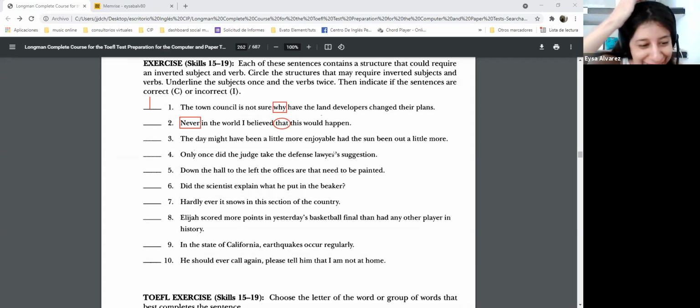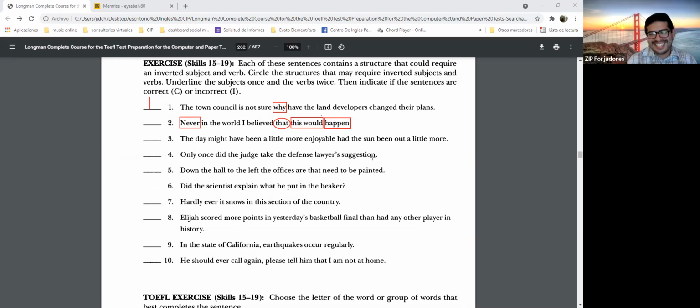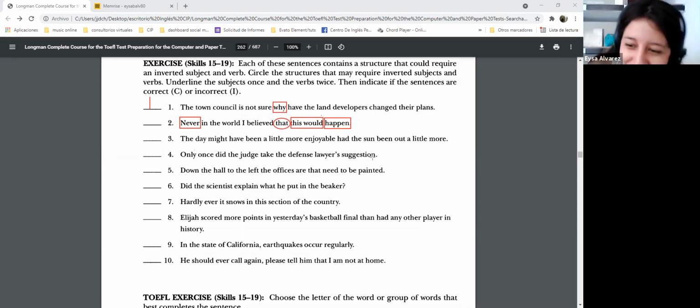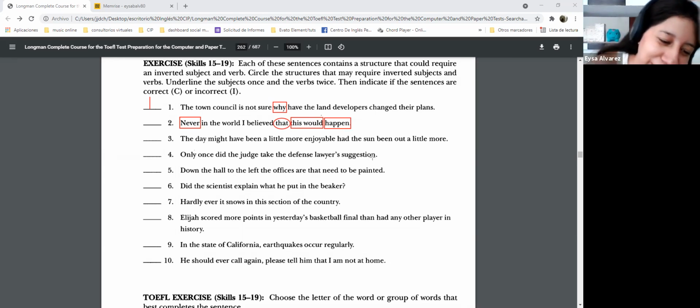But then I thought that it was incorrect because I wrote that I need to move to change the belief and the I, but then I checked the answers. It's with the auxiliary. I was lost with that because I forgot about that.